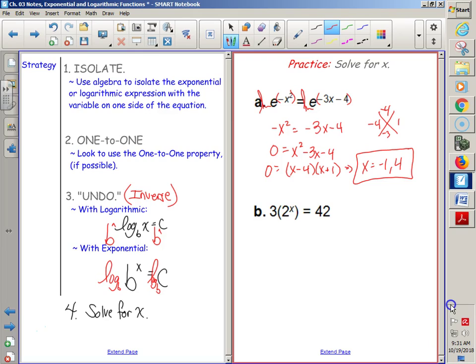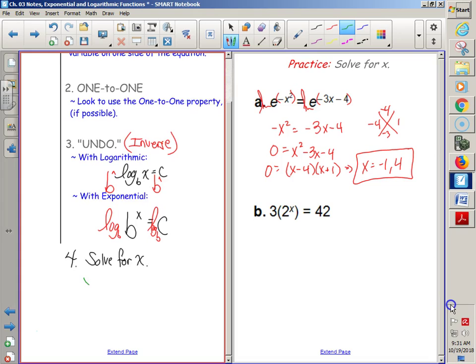Pause, real quick. There's something that we have to keep an eye out for in this section. I'm going to make a little note for it right here. Watch out for extraneous solutions. Have you guys ever heard that word before?